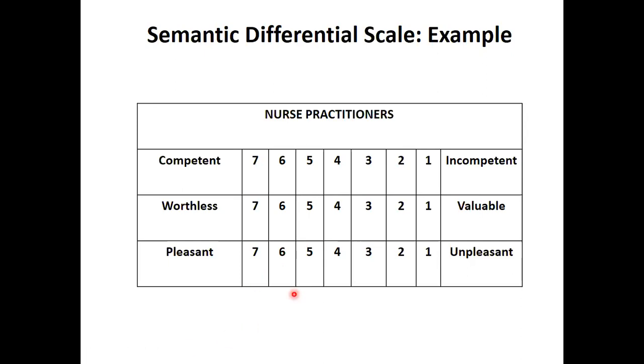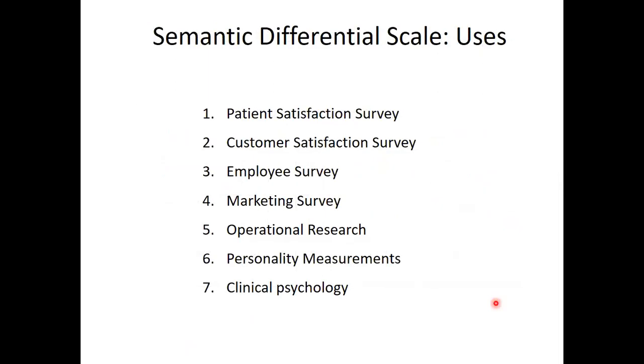And in between, you should be able to semantically differentiate this individual based on this extreme and this extreme by picking the number that corresponds to what you think is close to that.